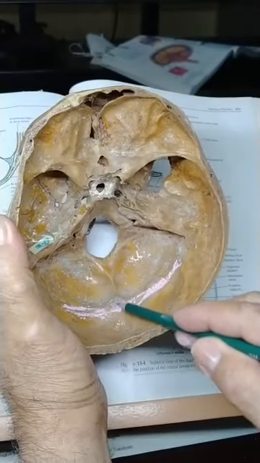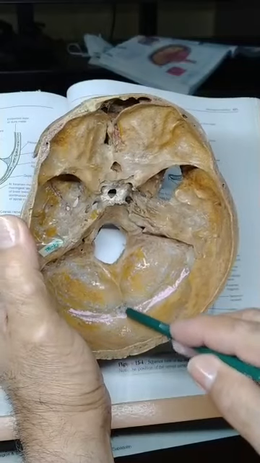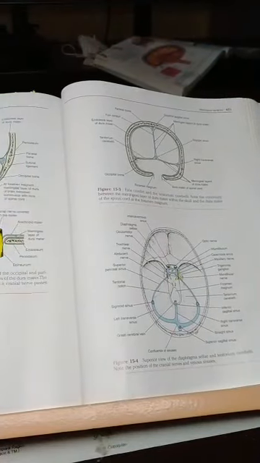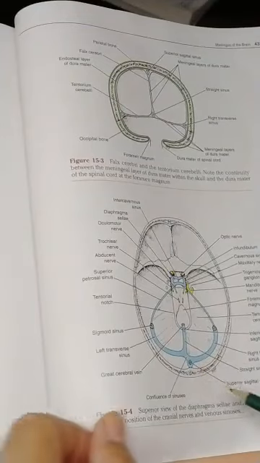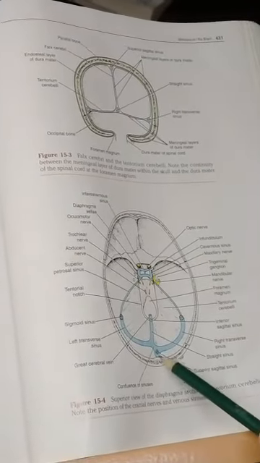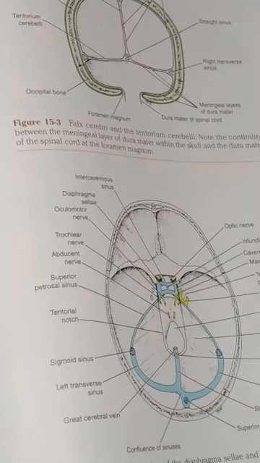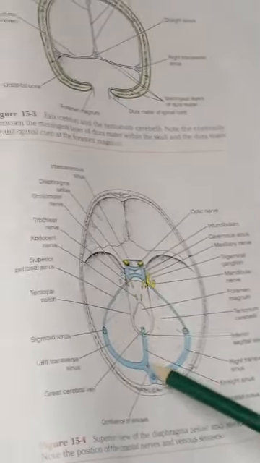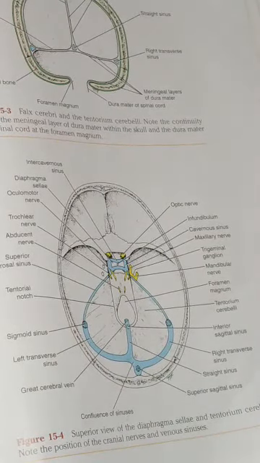And this is the internal occipital protuberance, which corresponds to the site of the confluence of venous sinuses. The superior sagittal sinus is continued as the right transverse, while the straight sinus is considered to continue as the left transverse. But all of them communicate with each other in the confluence of venous sinuses.